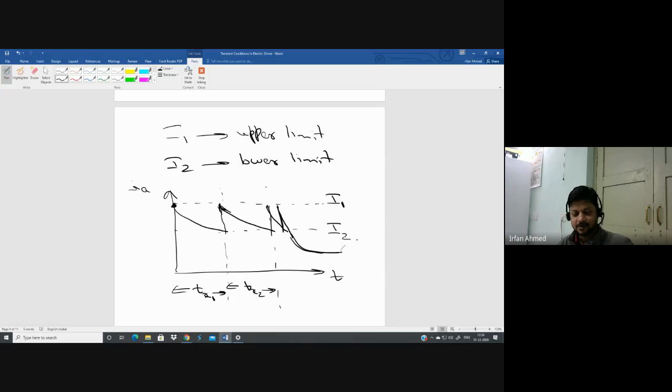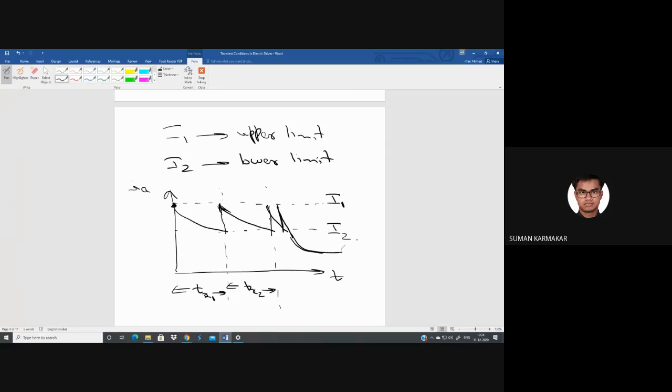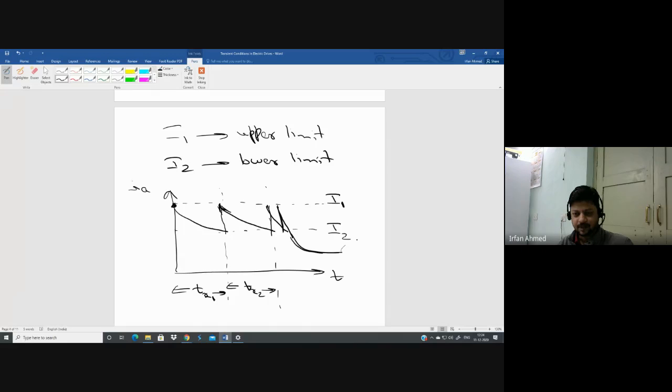It will be the time constant if 63.3% comes, that is, if I2 is at 63.3% of I1 minus IL, if you have I2 somewhere there, then it will be the time constant. But that is not the case.